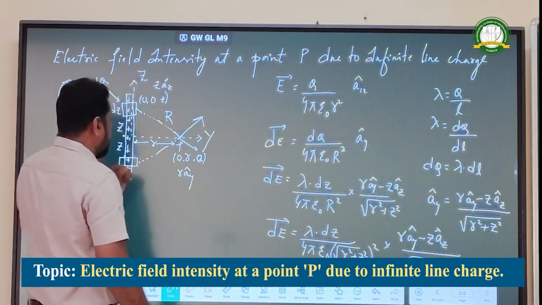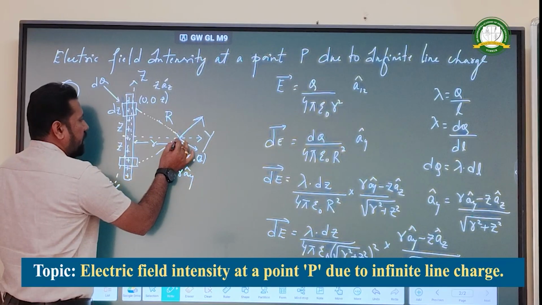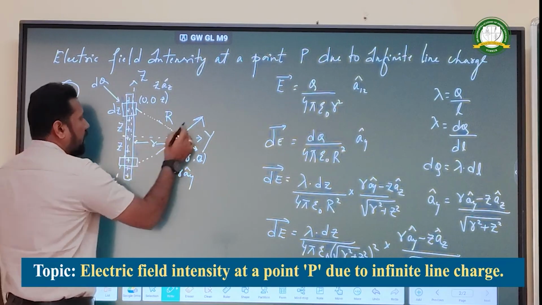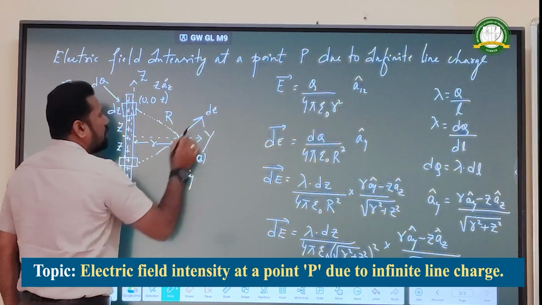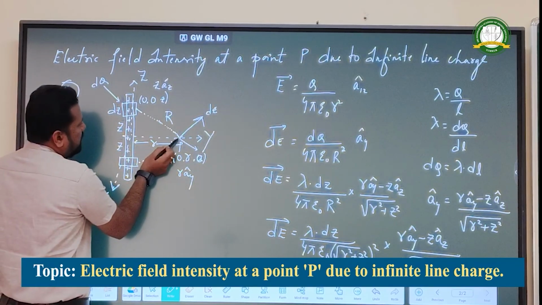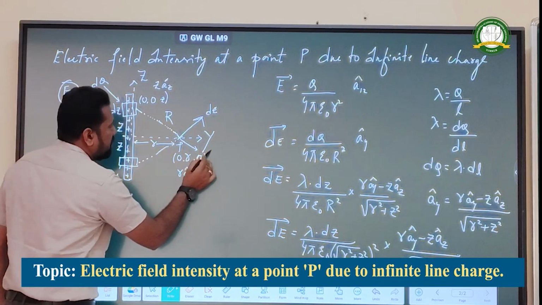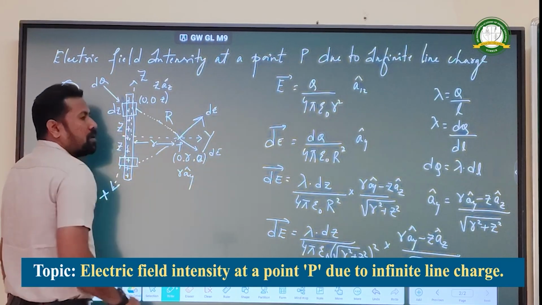So here the differential electric field at this point due to this small differential segment is dE, and again the differential electric field at this point due to this small differential segment is again dE.